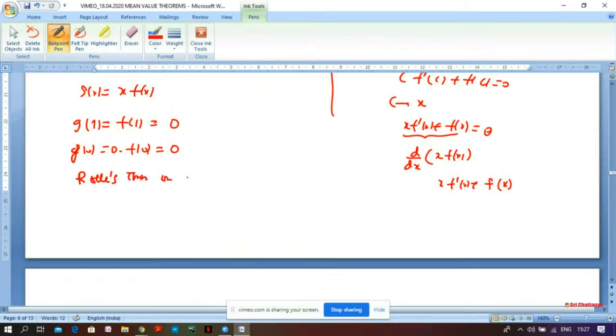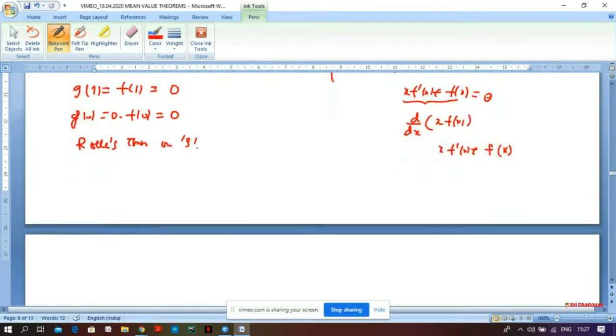So Rolle's theorem on the g function, because it is continuous. You will write that there is some c that belongs to (0,1) such that g prime c is 0.